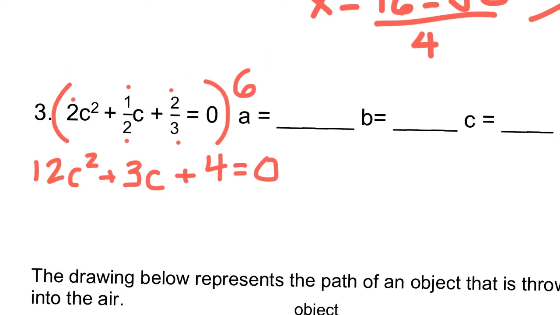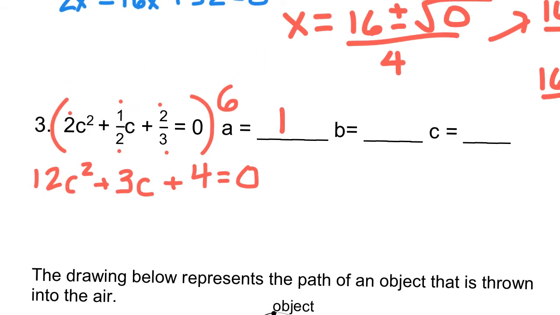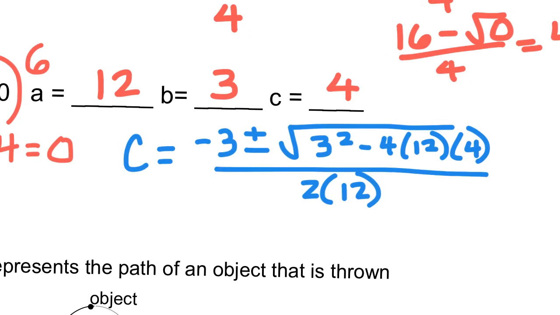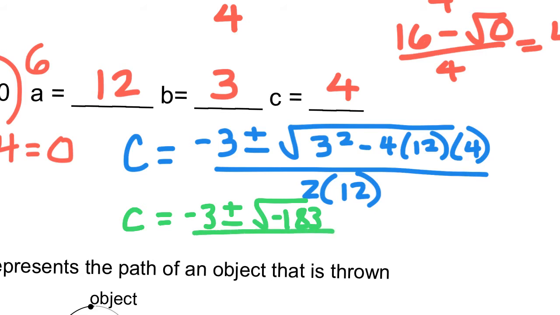Now that it's in standard form, we see that our A is 12, our B is 3, and our C is 4. Please pause the video here while you substitute that into the quadratic formula. After substituting, we have C is equal to -3 plus or minus the square root of -183 over 24.